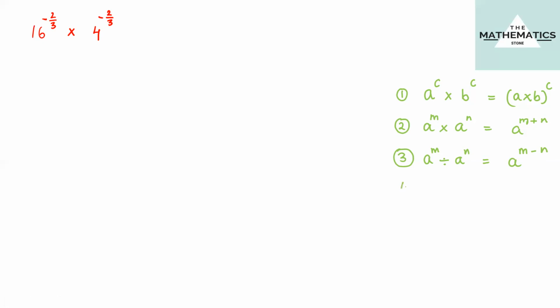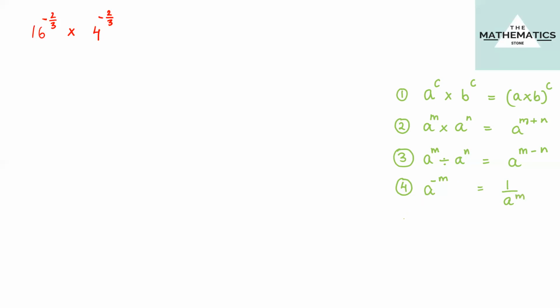Property number 4, that's very important. It's called the negative exponent rule. If you have a base which is raised to a negative exponent, this becomes 1 over a. You take the reciprocal of the base, or you're just flipping a, and the exponent turns positive.